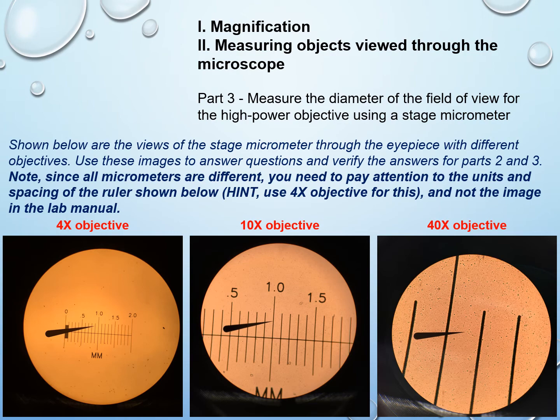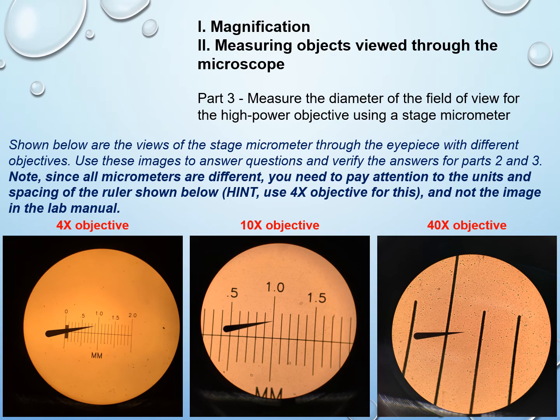And you can see it very well under the 4x objective on the left. So it's tiny compared to the ruler, as you can see. And that 4x objective is actually not very useful because it doesn't even span the entire field. However, when you use it at 10x or 40x objective, you can clearly see and count how many spaces between your tick marks you have, and this way you can estimate the diameter of your field of view.